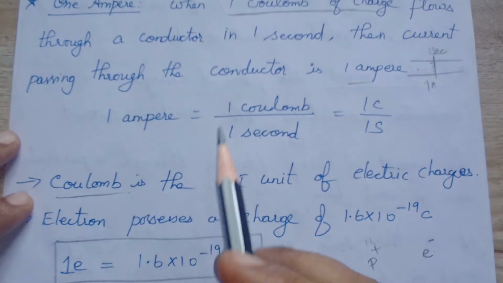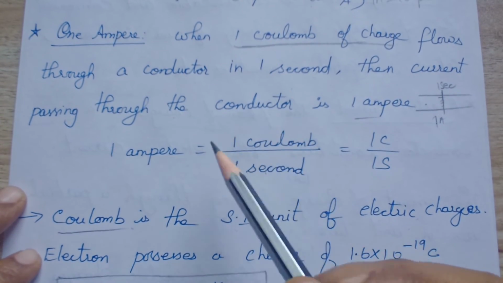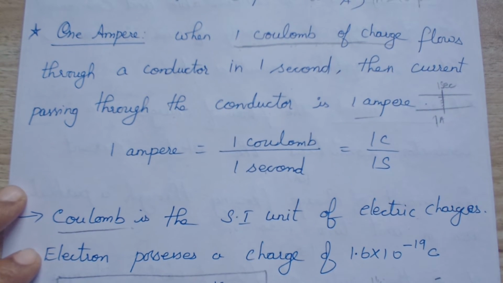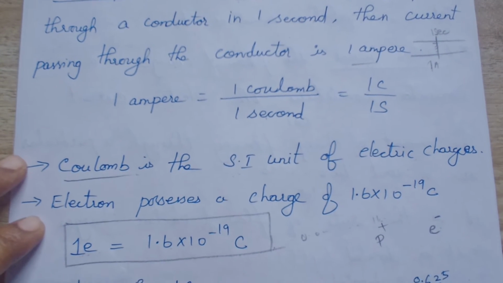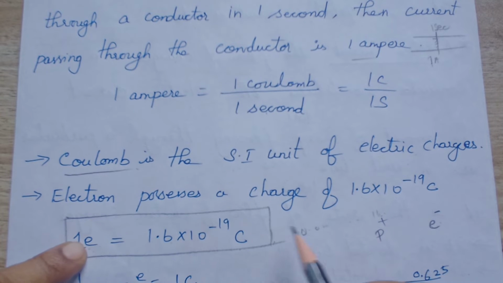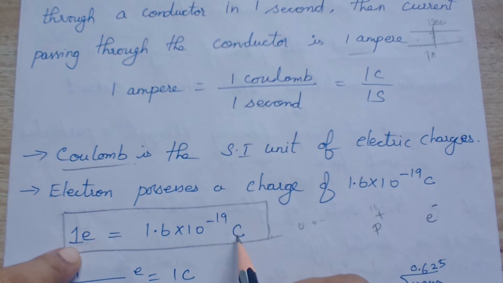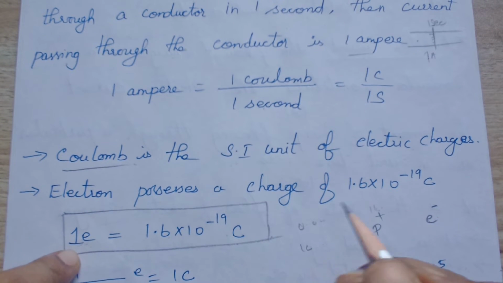But we have seen that 1 ampere means 1 coulomb. If you want 1 coulomb of charge, how many electrons have to pass? This electron has only 19 zeros, very small charge. To get 1 coulomb, how many electrons have to pass through?